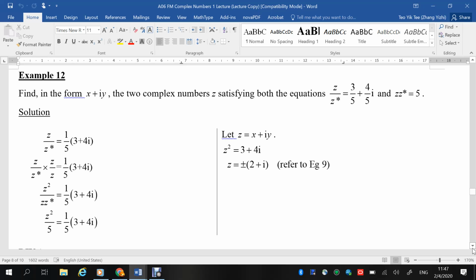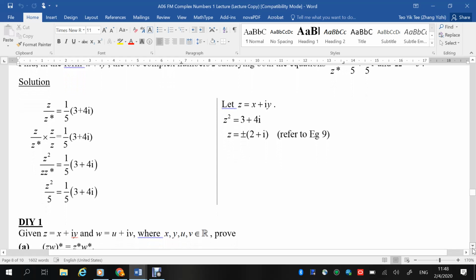In this case, the answer is still perfect. If I change the question to find in exact form x plus iy, then the word exact says you're not supposed to use a calculator anymore. Take note of all these little things so that you will be efficient in solving your questions.